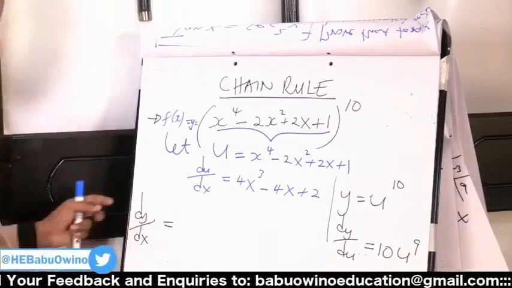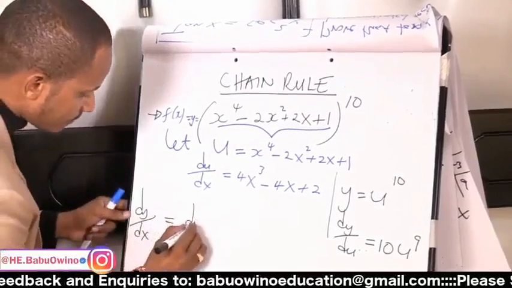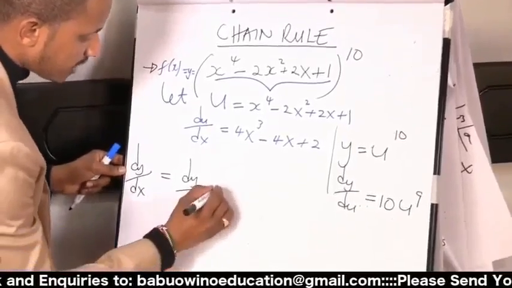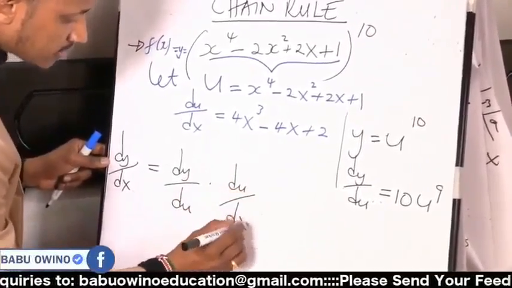Therefore, dy dx equals dy du times du dx.